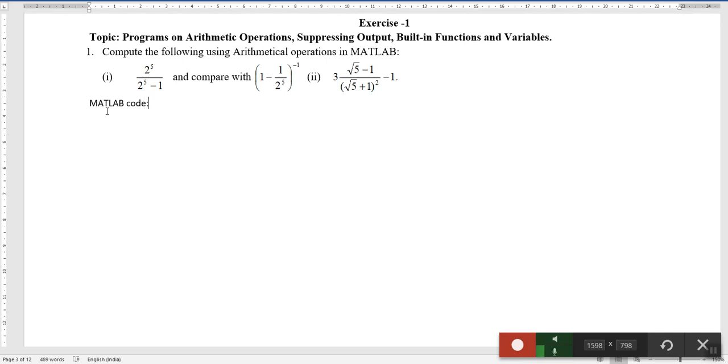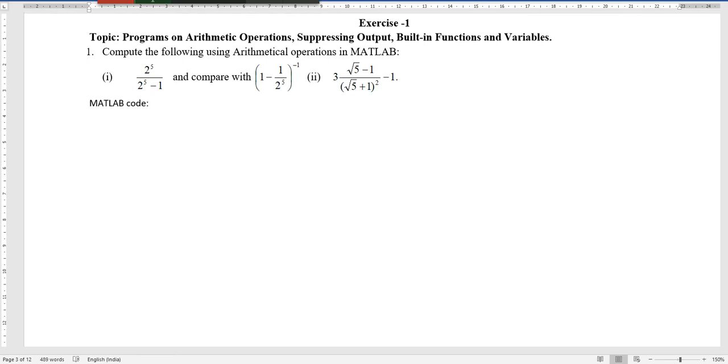First we will discuss the Matlab code on this whiteboard, then go to the program. Okay, now the first question is, so what is the solution?